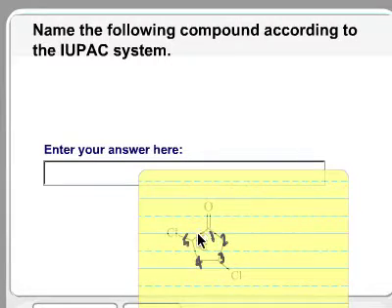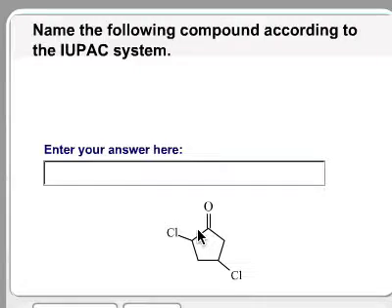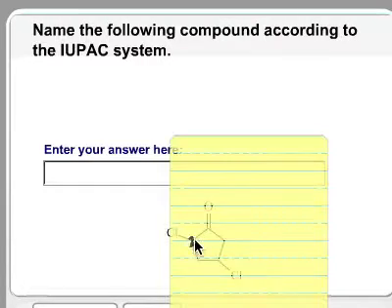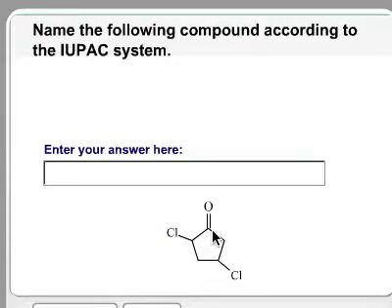I start from there. 1, 2, 3, 4. So I want to go in this direction. 2, 2, 3, 4. So this should be 2,4-dichloro, 2,4 dichlorocyclopentanone.